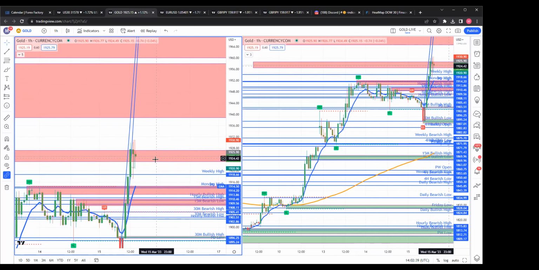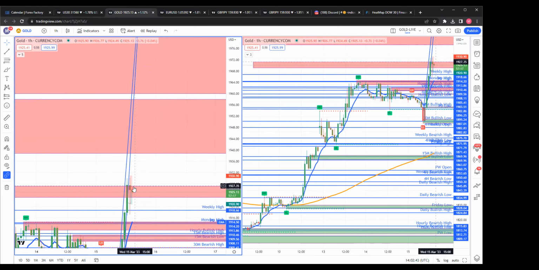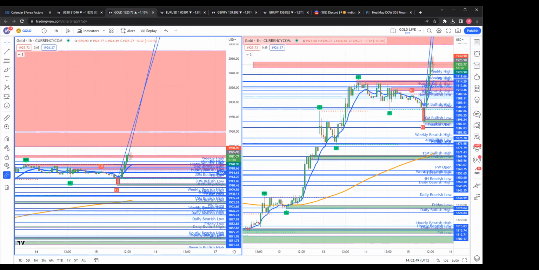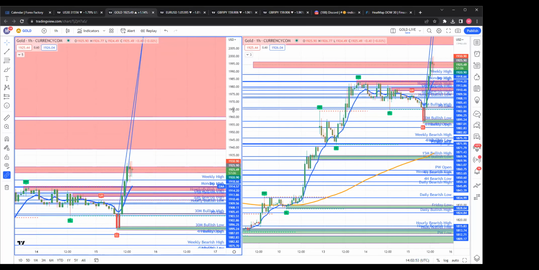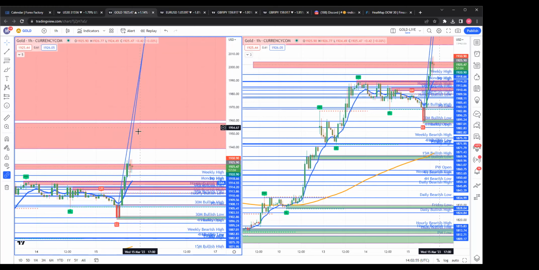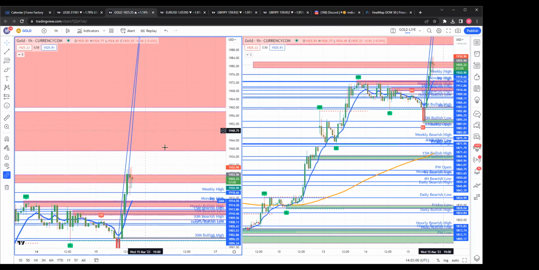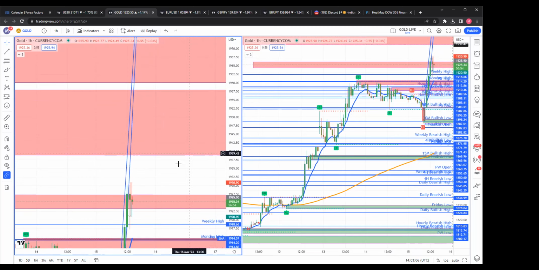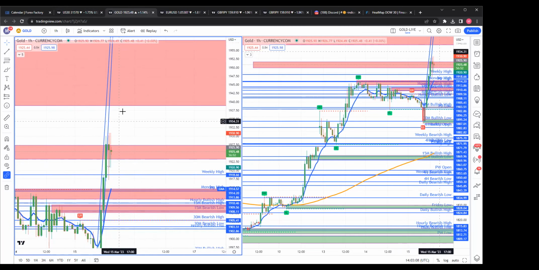If gold breaks 1925, 1927, and goes all the way up, there's nothing stopping gold until we get to this zone. You can see we're in a much, much larger zone up here. So that was the analysis on gold. I still expect gold to keep going up to the 1950 area. If gold doesn't reverse in this area, we're going all the way up to the 2000s. So I did give that analysis on gold, and it's been playing out.